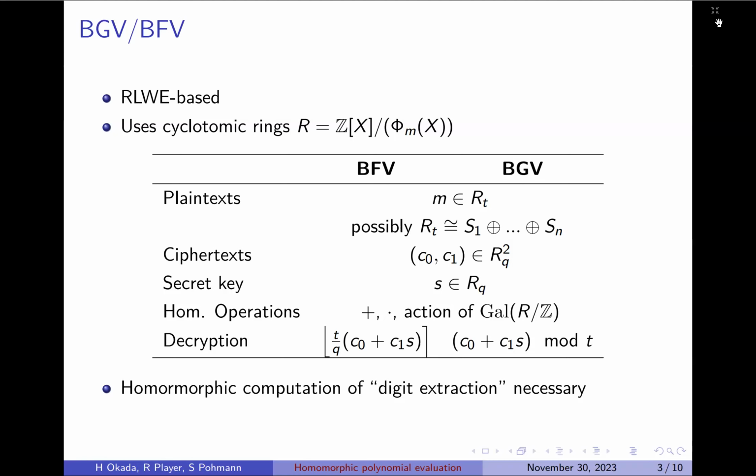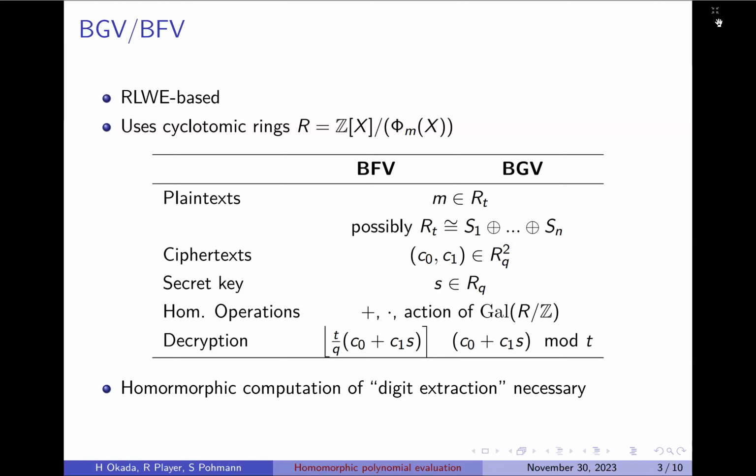Here you can note that for many parameters, the plaintext space R_T, R modulo T, decomposes into a product of rings S1 to Sn. We will have a look at these rings a little bit later, but I'm already mentioning it here.